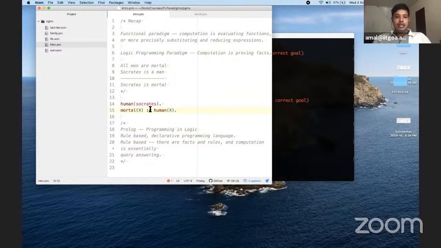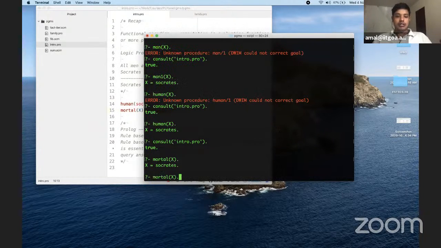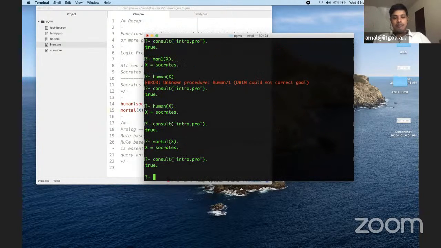All right. So I have this fact and I have this rule, and I have loaded this file into my Prolog system. Now I can ask who is a man.